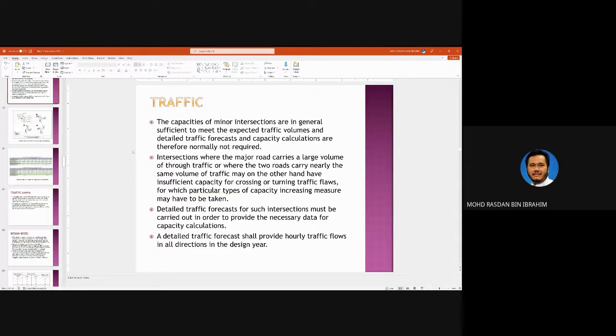If the requirement is a 16 hour count, I was in charge of traffic counts, not once actually, in Jalan Lok Yu once, and Jalan Pandan Indah once, in Shah Alam. In Jalan Lok Yu and Pandan Indah, the traffic count is 16 hours, meaning that you should start at 6 a.m. in the morning and end at 10 p.m. at night.